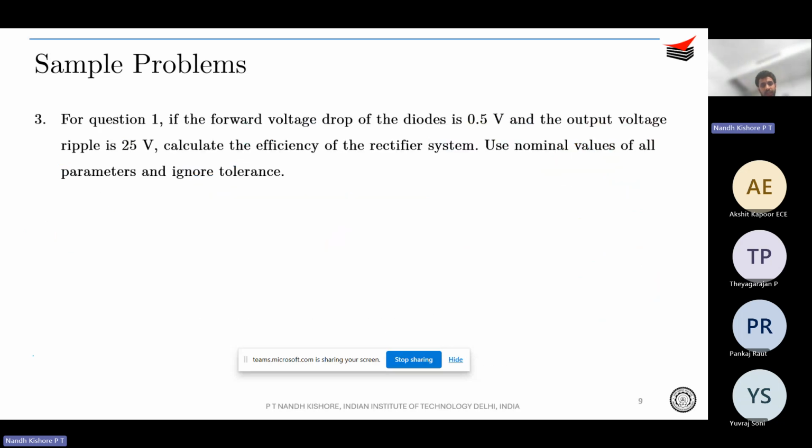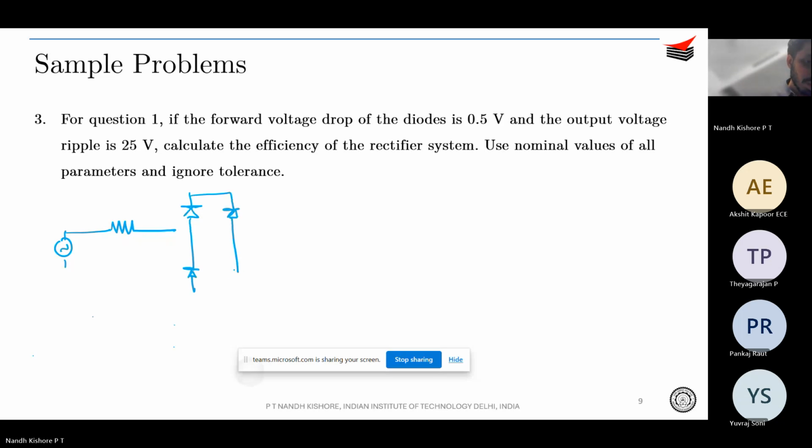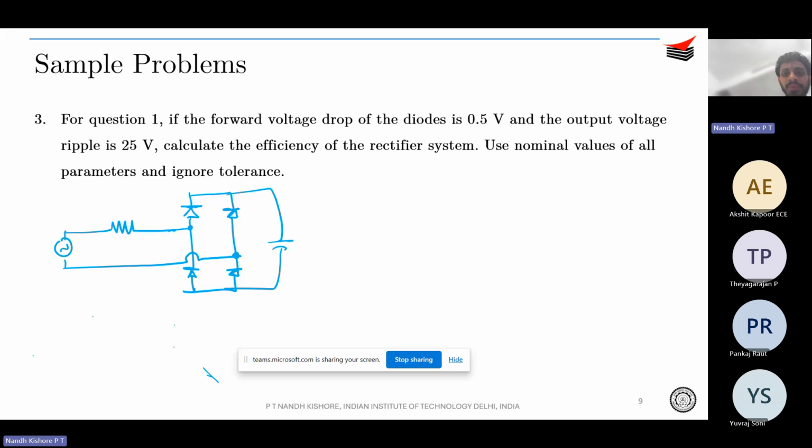Okay. So continuing with the question 1, if the forward voltage of the diodes is 0.5 volts. So you have 4 diodes, as you know, right? You have a resistor and then you have 4 diodes.